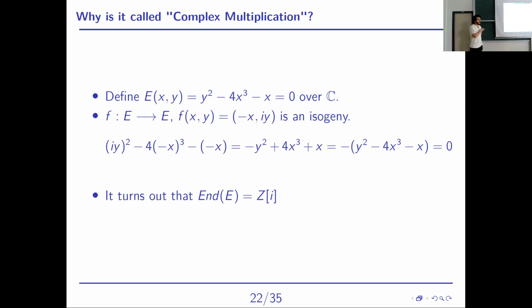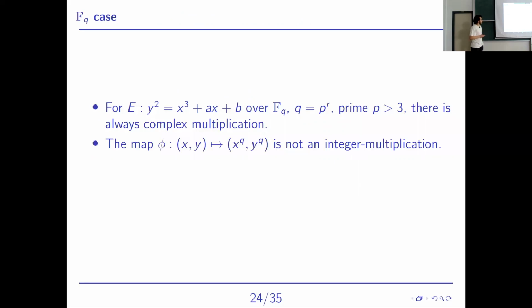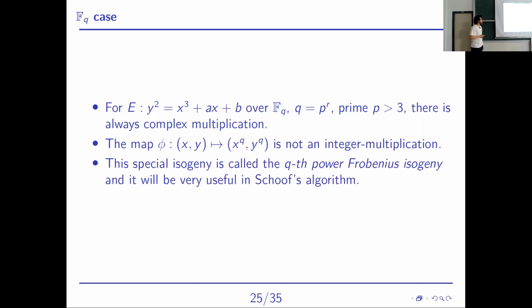And it turns out the endomorphism ring of this particular elliptic curve is the Gaussian integers. Here's another example over a finite field with characteristic bigger than 3. There is always complex multiplication since we have a map where we raise each coordinate to the q-th power, thanks to the Frobenius endomorphism.